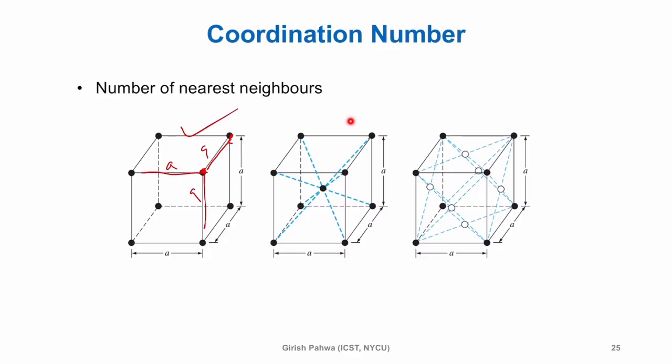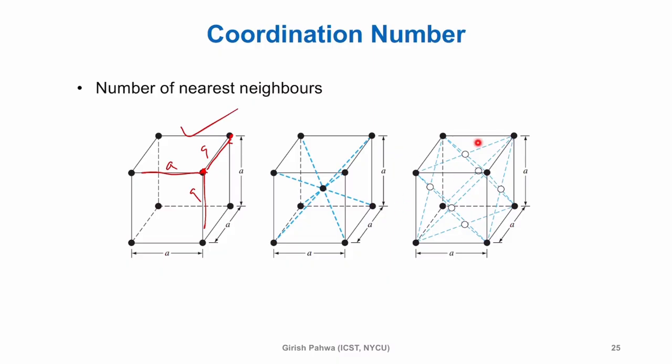Can you see why it will be 8? Yeah, look from the center. How many nearest points do you find? 1, 2, 3, 4, 5, 6, 7, 8. I mean, this is the easiest one. Okay, 8 neighbors. Every neighbor has equal distance.